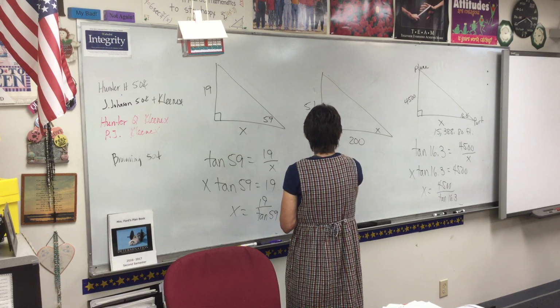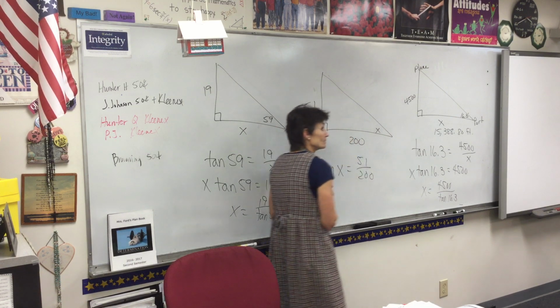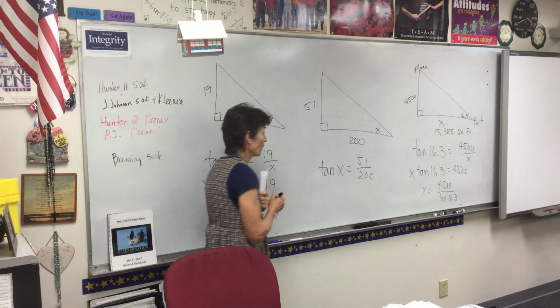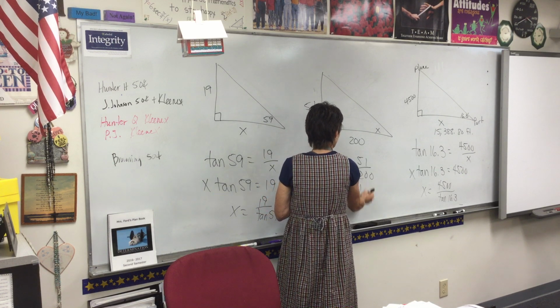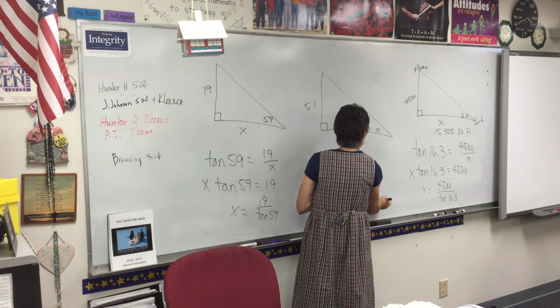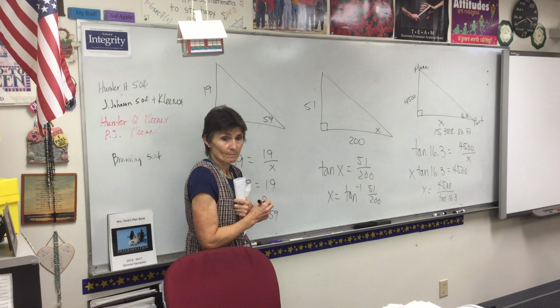So this will be another tangent problem. And since I'm looking for the angle, what am I going to type in? Second tangent, 51 over 200, and that will give me the answer to the question.